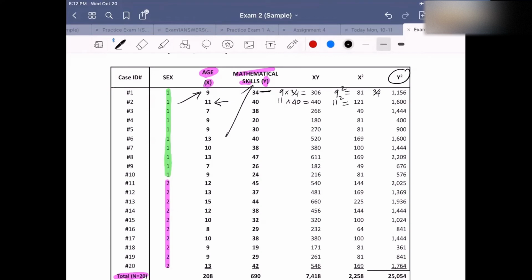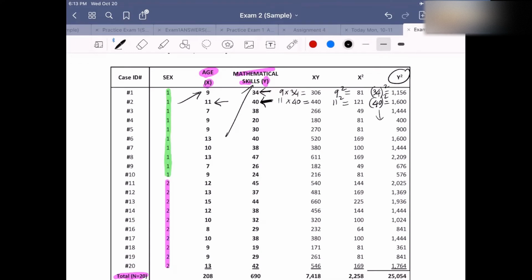This one right here. So you take 34 squared, and that's how you got 1,156, okay? And if you take the second Y value, 40, and then you square it, that's how you got 1,600, and so on. So you do the same thing with the rest of the numbers, okay?